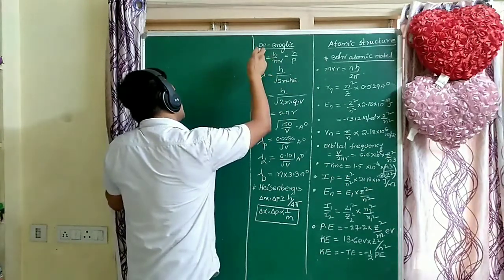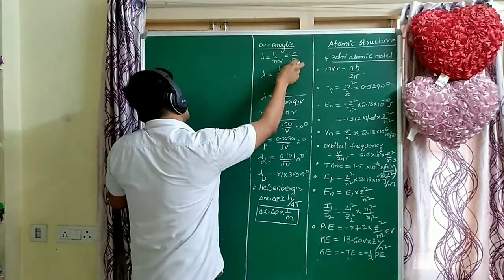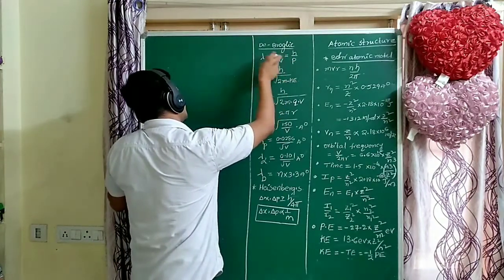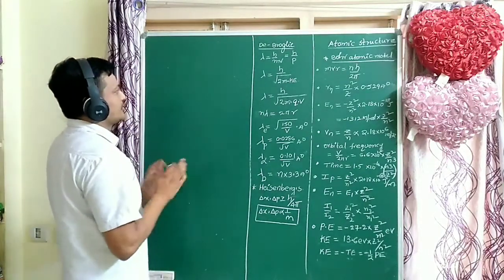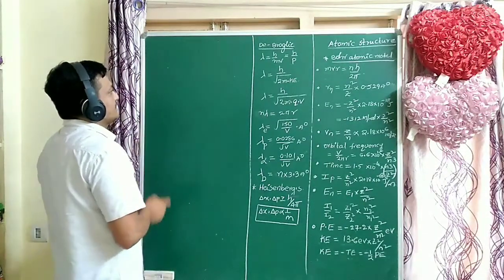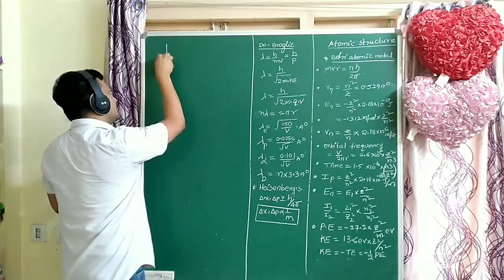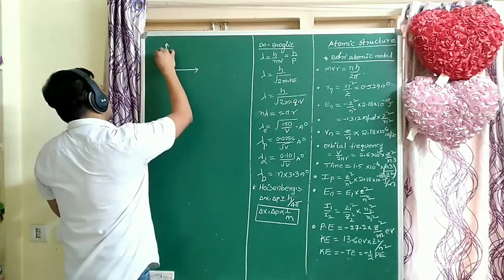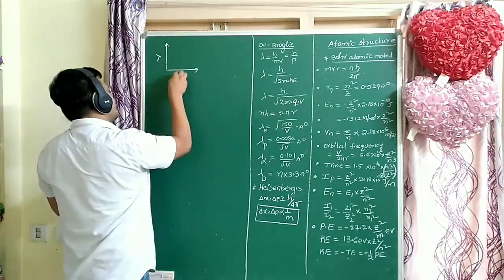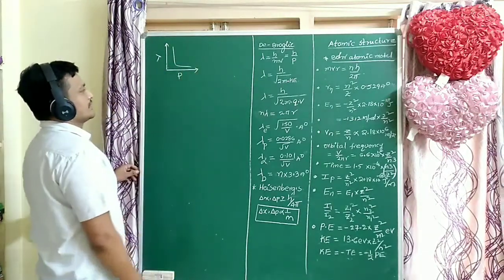As the wavelength of the matter increases, momentum decreases. As the momentum of the particle increases, the wavelength of the matter decreases. The graph between the wavelength of the particle and momentum shows an inverse relation.